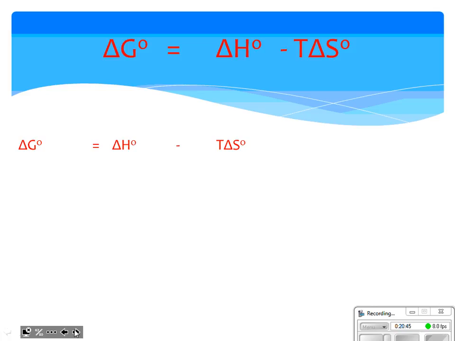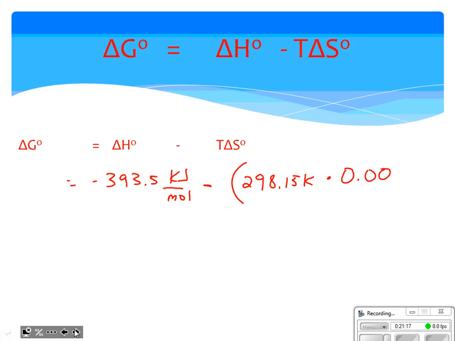So, delta H was negative 393.5 kilojoules per mole minus my T, 298.15 Kelvin times 0.00314 kilojoule per mole Kelvin. Be a little tough, but I'm going to close my bracket right there.